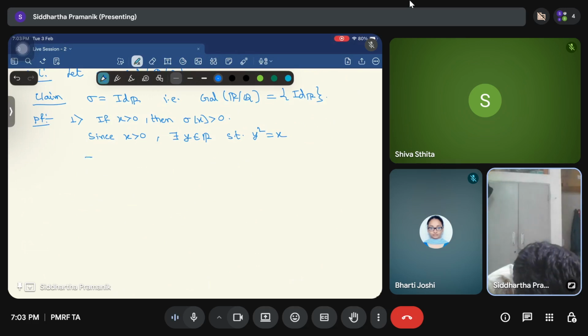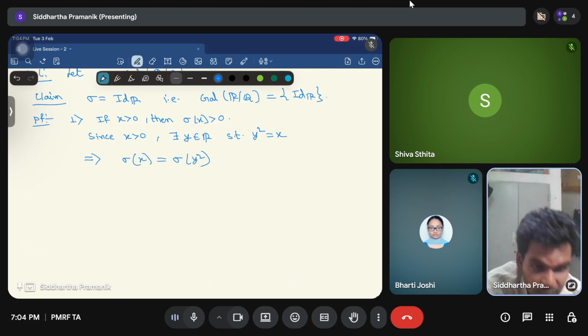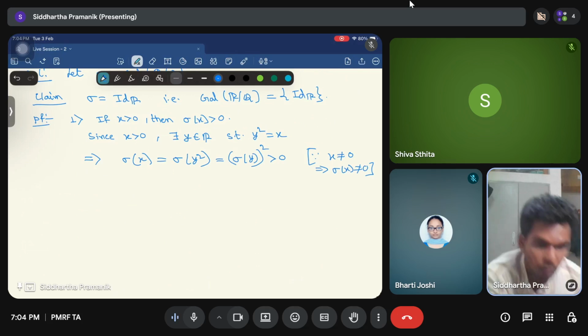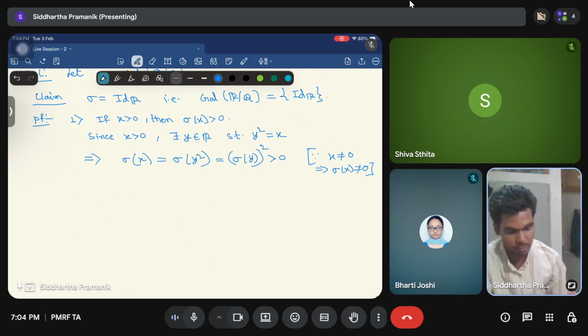So this will imply sigma of x is basically sigma of y square, but sigma is a field automorphism. So it is the square of sigma of y. And this has to be positive, right? Because x is non-zero, this will imply sigma of x is also non-zero. Field automorphisms are injective. So sigma of x is positive.